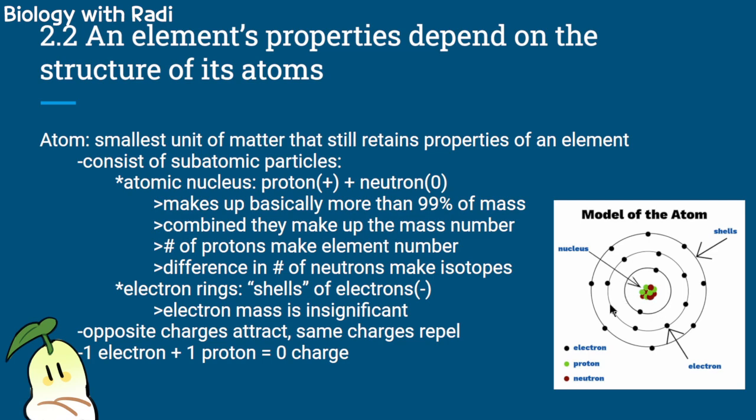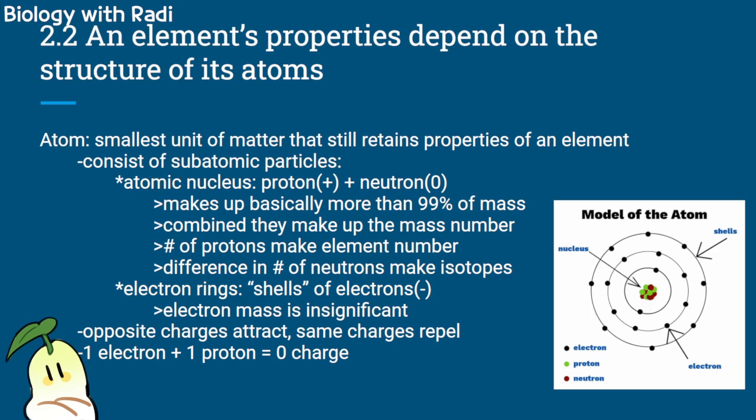After the innermost shell, the shell limit is 8 electrons per shell. An atom wants to achieve a state where the valence shell is completed at 8 electrons, because that's when the atom is most neutral.